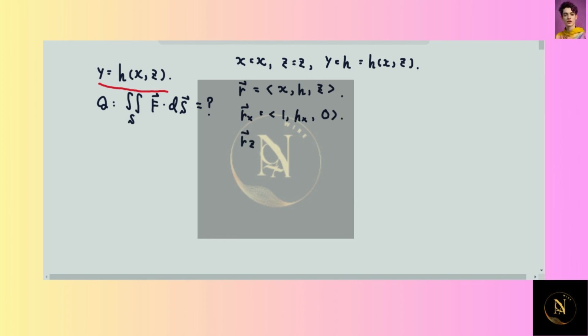The derivative with respect to z will be 0, h sub z, 1. Now, the normal vector n, of course, is the cross product of these two. Through calculation, you will be able to get that this is h sub x, comma negative 1, comma h sub z.